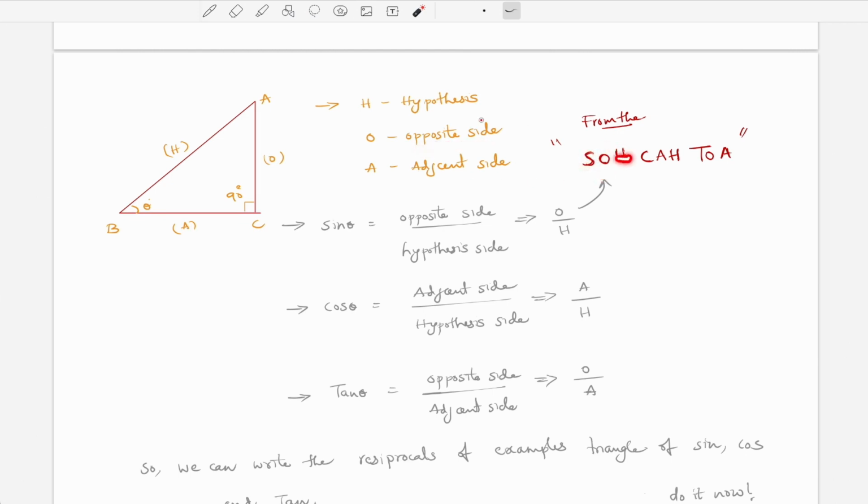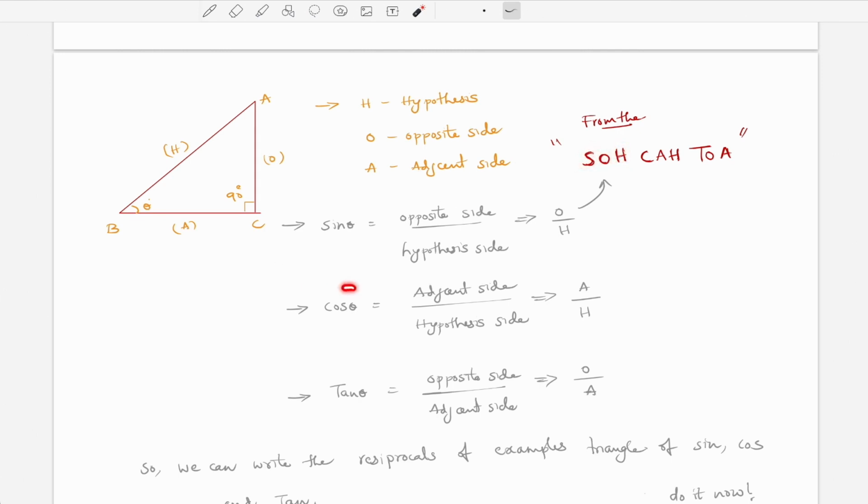And what is H? The hypotenuse. I hope you're getting it. So the sine theta is the opposite side by the hypotenuse side.